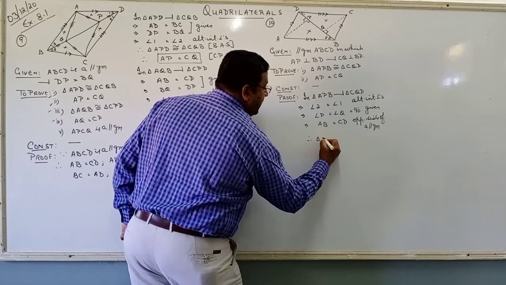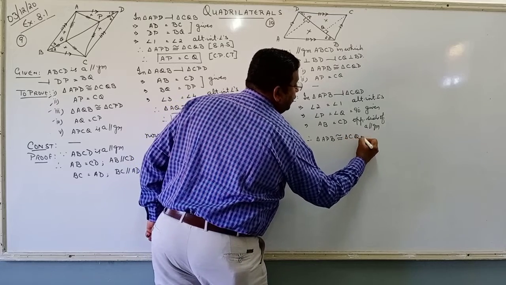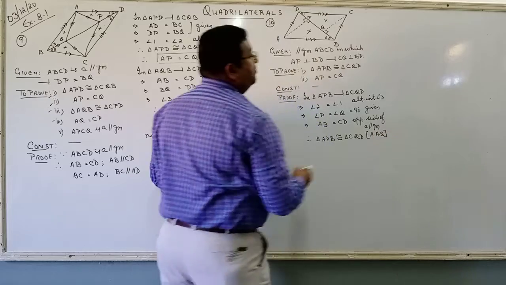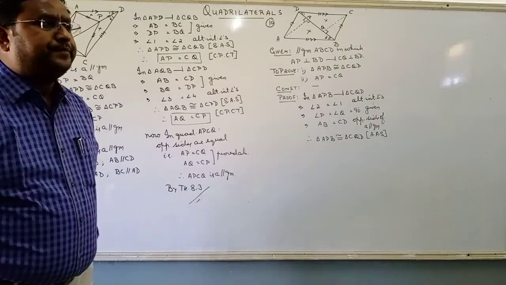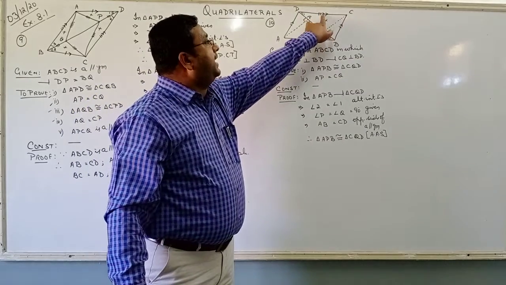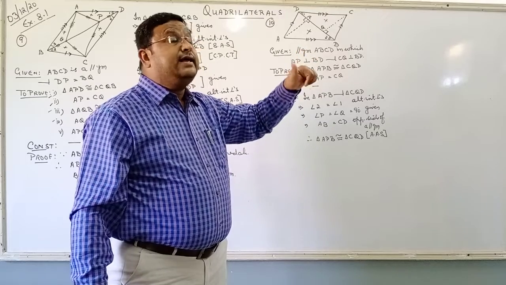So therefore, triangle APB is congruent to triangle CQD by what congruency? AAS. Some of us say, sir, can it be RHS? RHS means right angles, one angle is 90. Opposite to right angle, hypotenuse is equal. But S stands for side. There is no side.